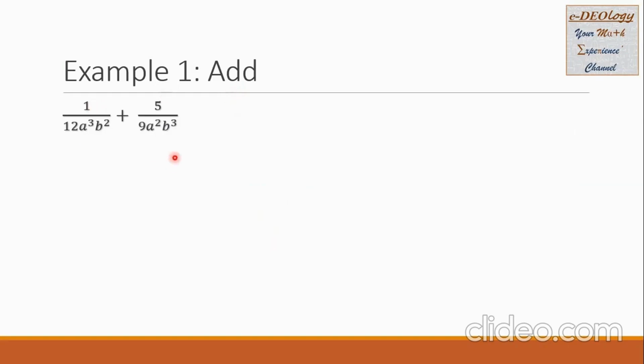Add the rational expressions. The first one is 1 over 12a cubed b squared, plus the second, 5 over 9a squared b cubed. Let us have step 1, to find the least common denominator.